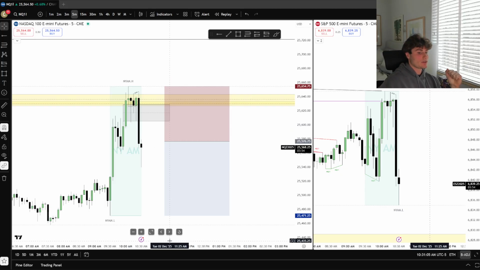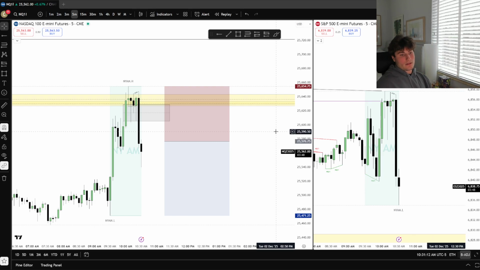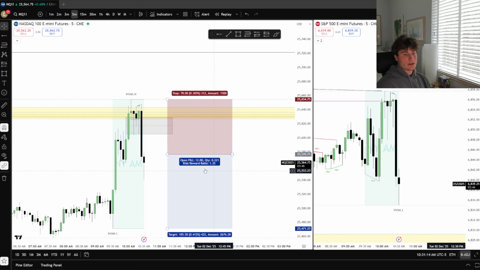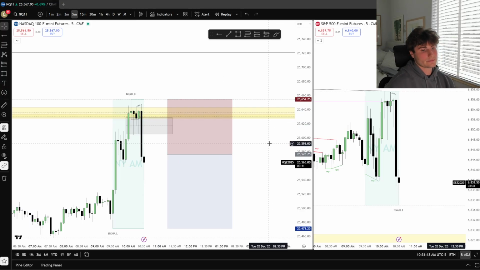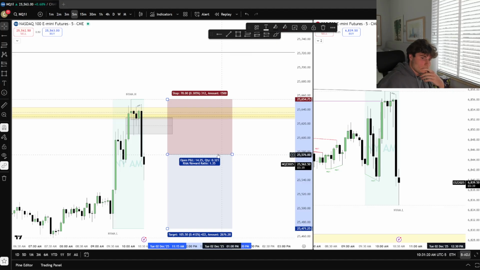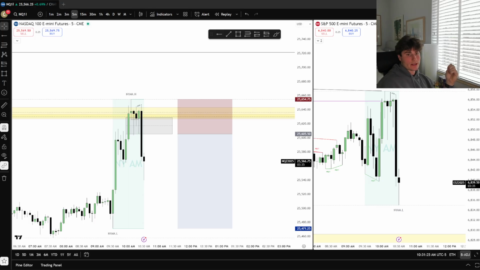If we just run to these AM lows, I'm off. I'm not trading. The only entry I'm taking here is this inversion right here. If we retest this, it's the only entry I'm taking.